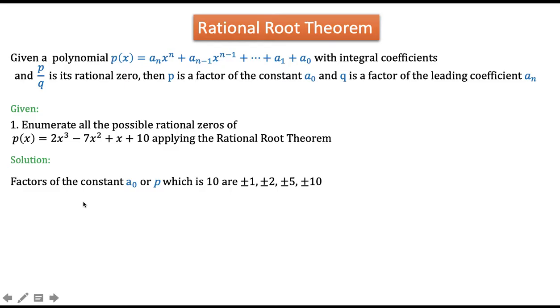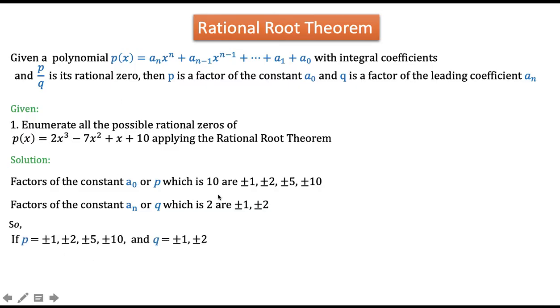Then after listing down all the factors of the constant a sub 0, we're going to write also the factors of the a sub n, which is represented by q, and in this case, that is 2. So the factors of 2 are positive 1 times positive 2, and also negative 1 times negative 2, and they're both equal to 2. We will then write p and q into its ratio form p over q, because this represents the rational zero.